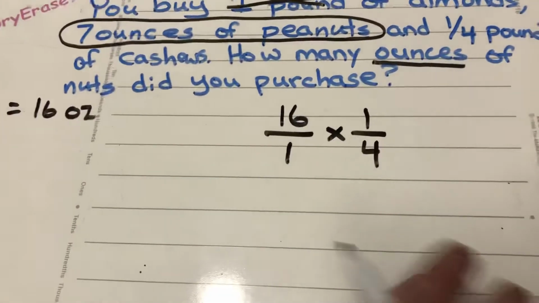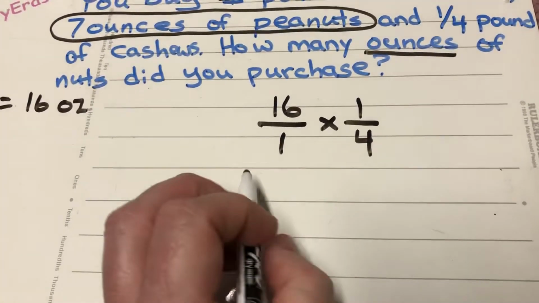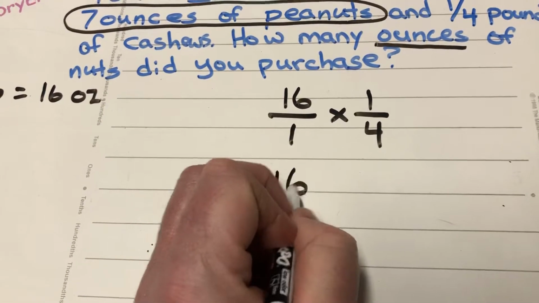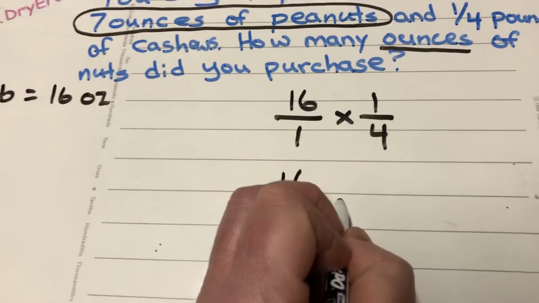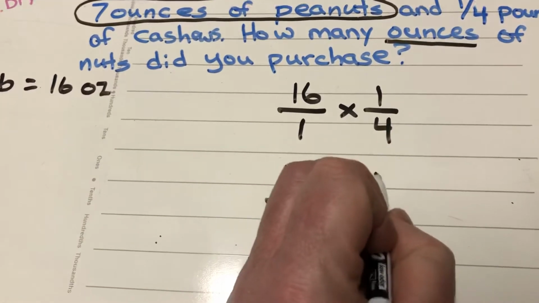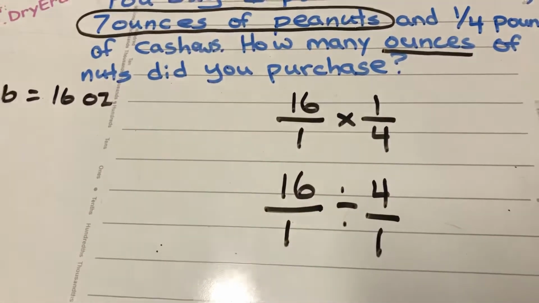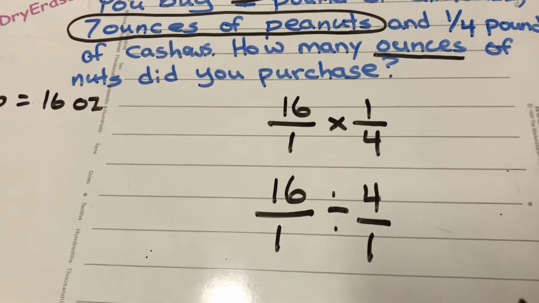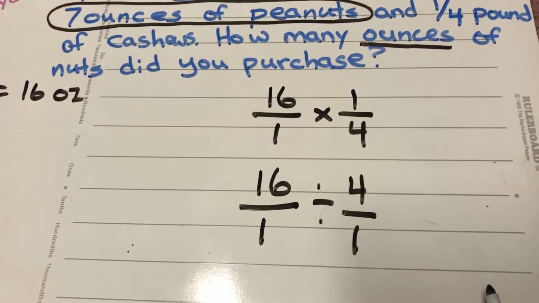That's one thing I can do. Or remember from our rules of multiplying and dividing fractions, I can do 16 over 1 divided by 4 over 1, because multiplying something by 1 over 4 is the same as dividing it by 4 over 1.